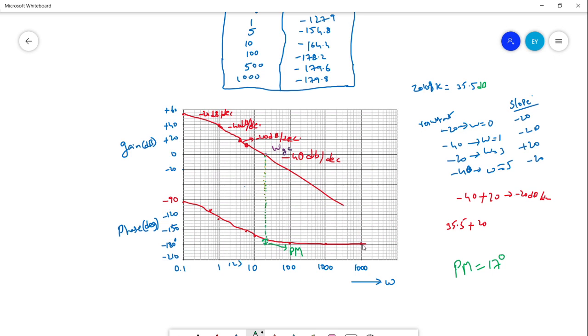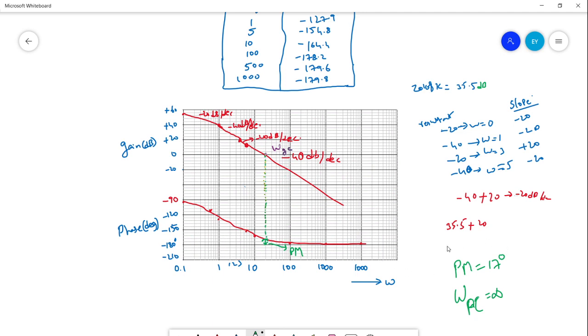It is not crossing minus 180. Since it is not crossing minus 180 degrees, there is no phase crossover frequency. Omega PC is infinity.